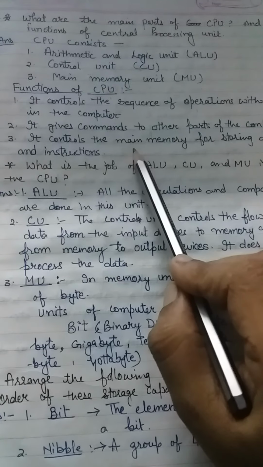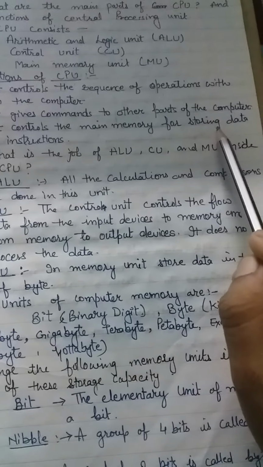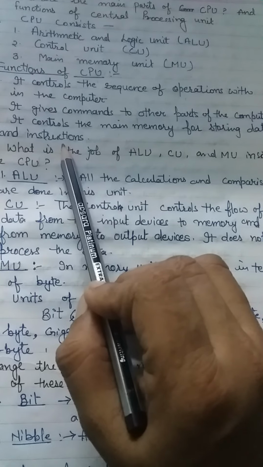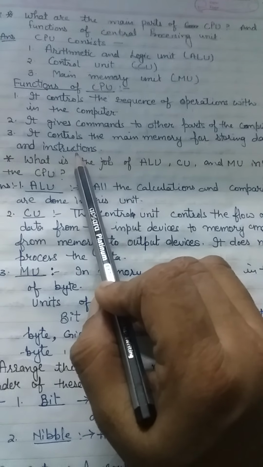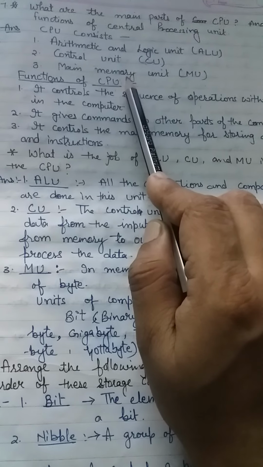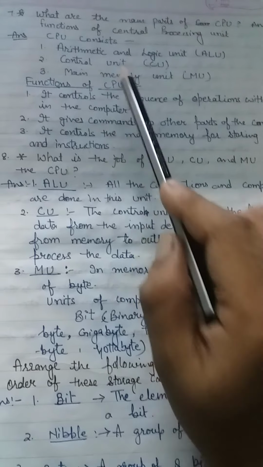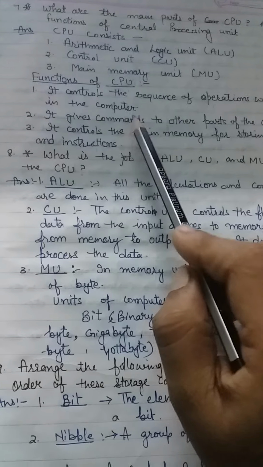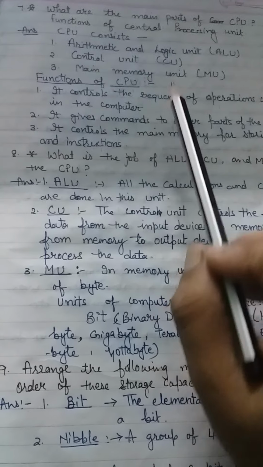Another task is to control the main memory for storing data and instructions. Sometimes if you want to store the data permanently, it is performed by the main memory, the memory unit. I hope you all understand the functions done by the CPU.